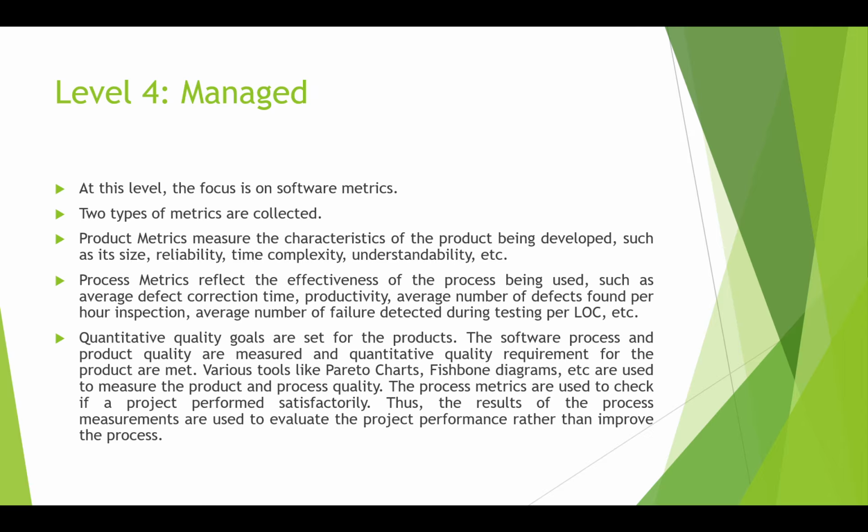So level 4 emphasizes quantitative control and measurement. It's like checking which part needs much care and which part does not need that care, which we can skip. So some tools are used to make people's work easy, and these are some things that define level 4.